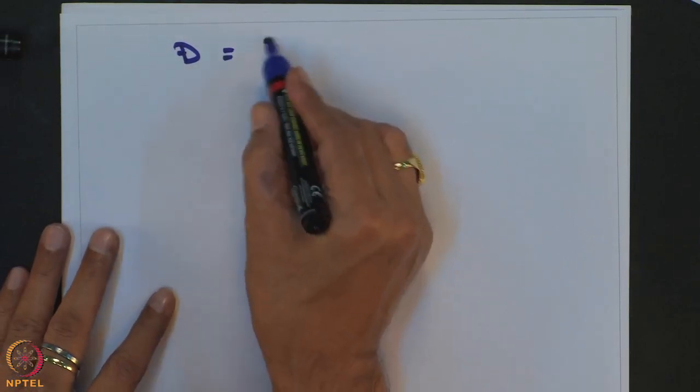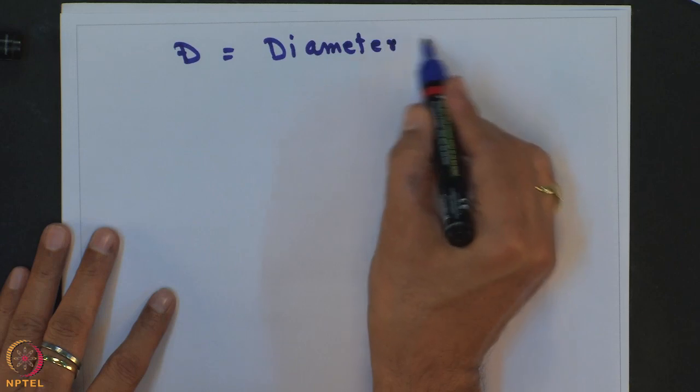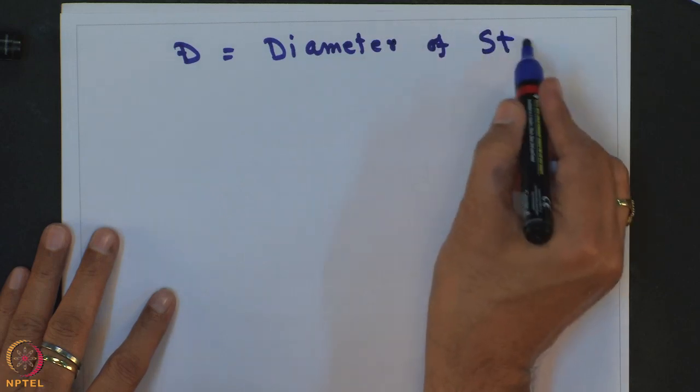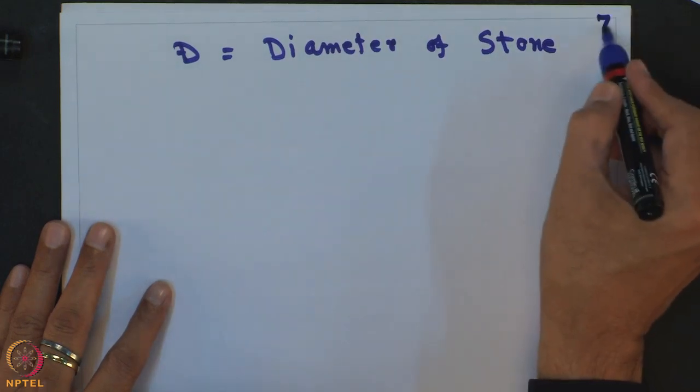Now, from this, let us say that D is the diameter of stone. Okay. D is the diameter of stone.